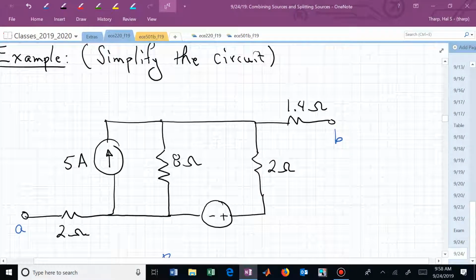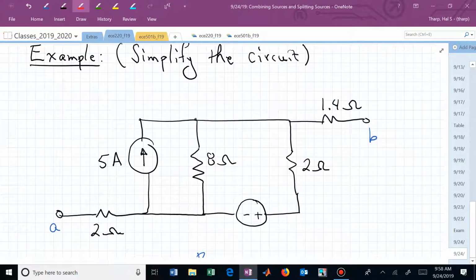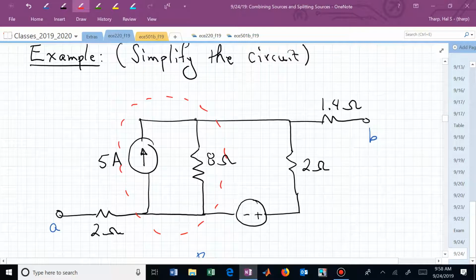If we look at this for a little bit, what does that look like? What kind of a source? How are we labeling that? Norton or Thevenin? This is a Norton.